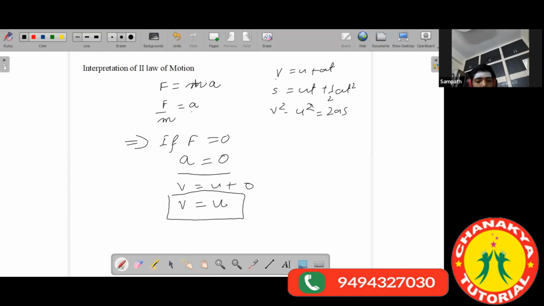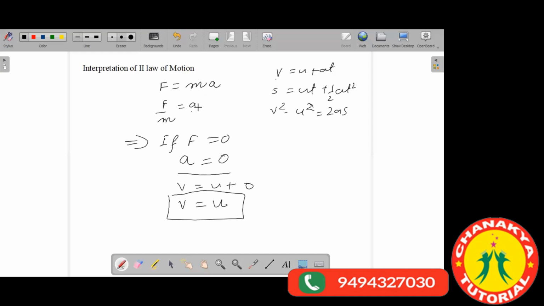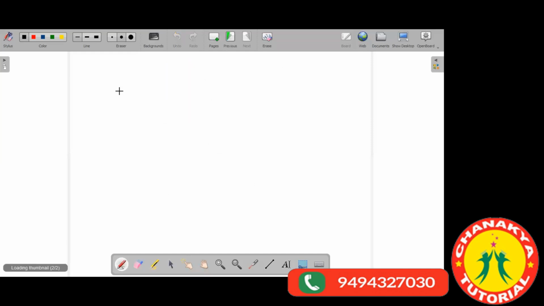Now, there are many different things which we can obtain as an interpretation from the second law of motion. So we will try to understand a number of factors from the second law of motion. We know that acceleration is given as v minus u over t.